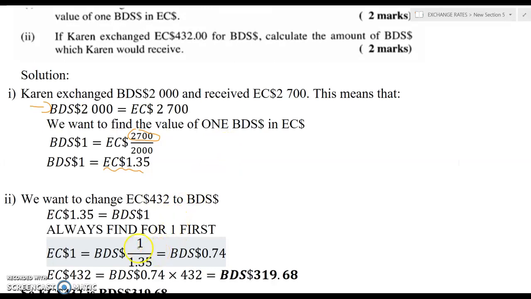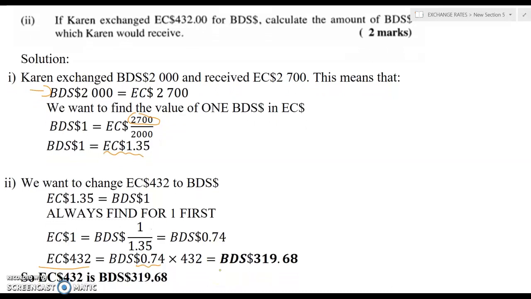So it'll be 1 over $1.35, right? And then we multiply by the Eastern Caribbean amount we want to convert, $432. So it's basically $432 multiplied by the amount for 1, which was the 74 cents. So when she exchanged 432 Eastern Caribbean dollars, she gets $319.68 in Barbados dollars.